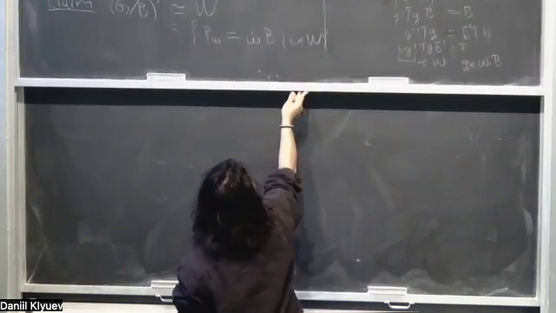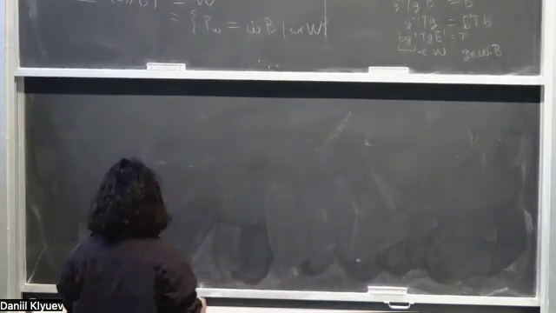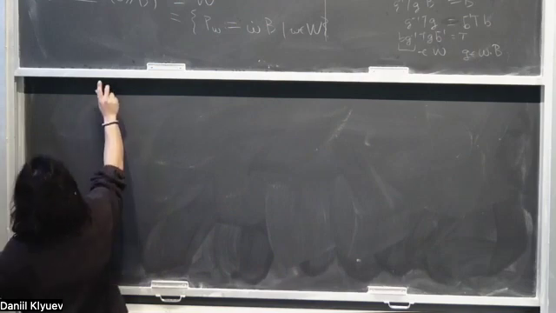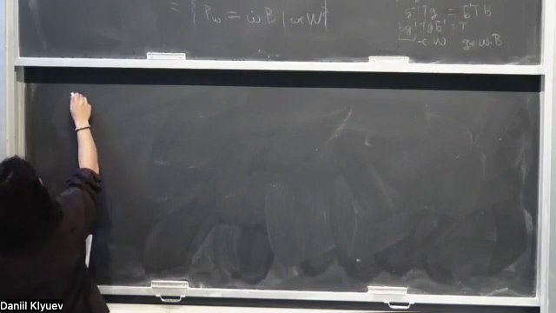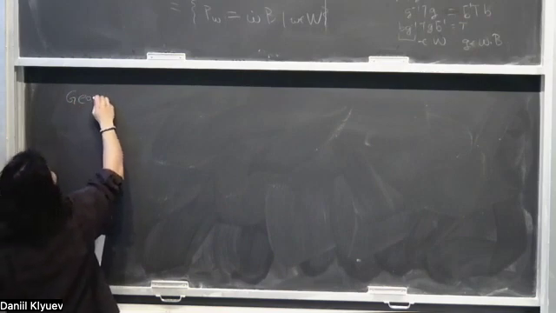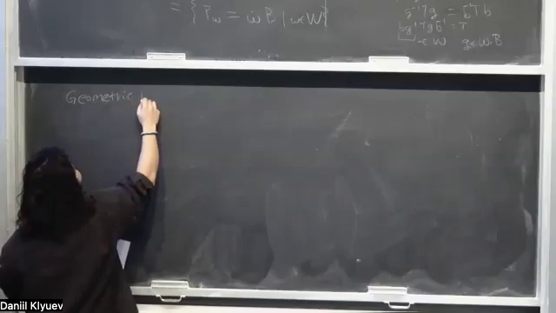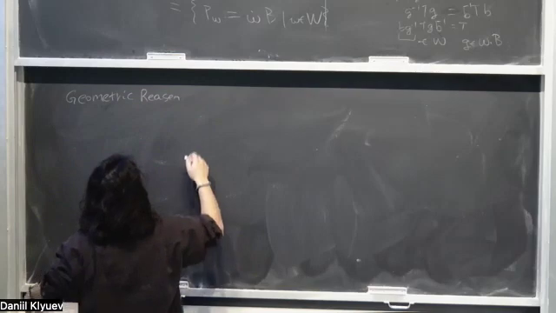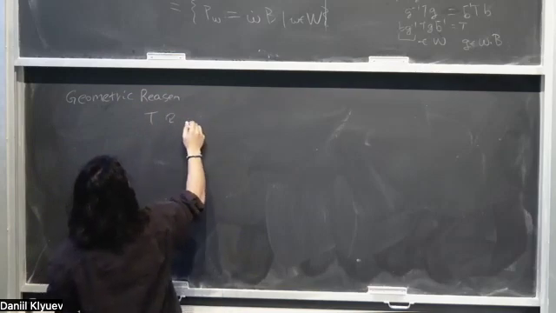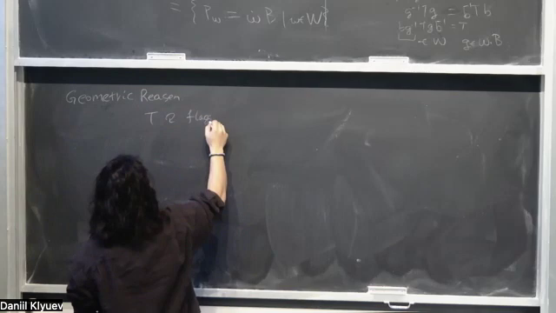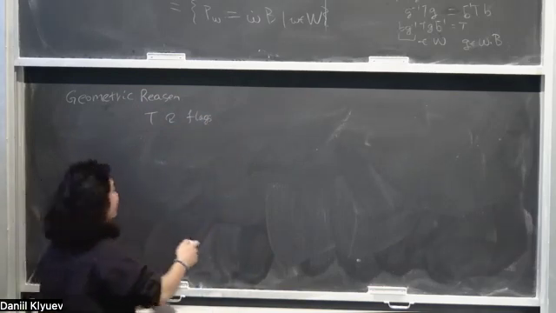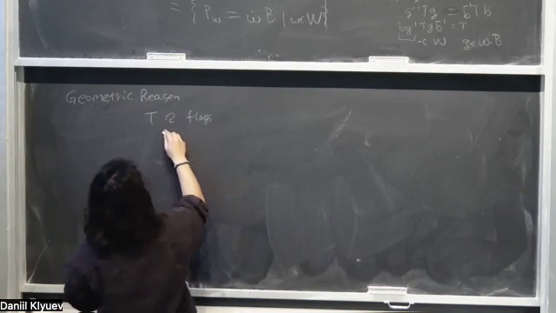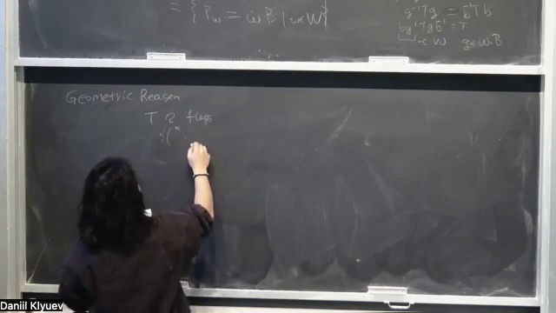Yeah, but I guess the geometric reason, or the human proof, I don't know. T acts on flags, you're just scaling everything, right? The T action is just the diagonal matrices.